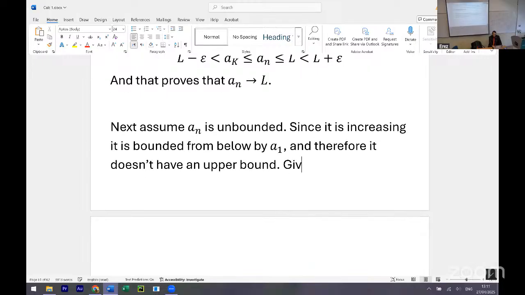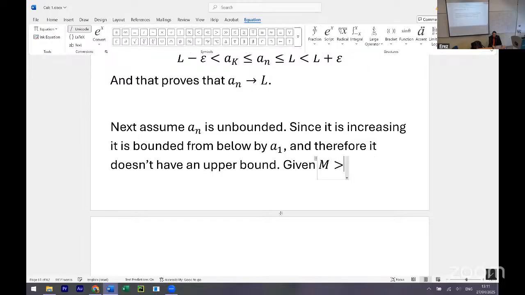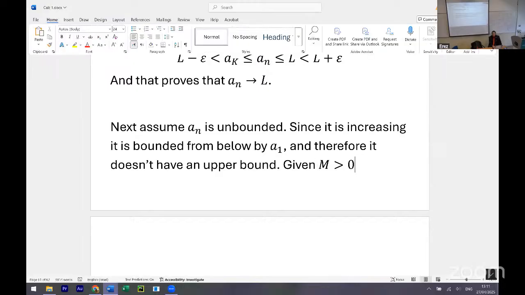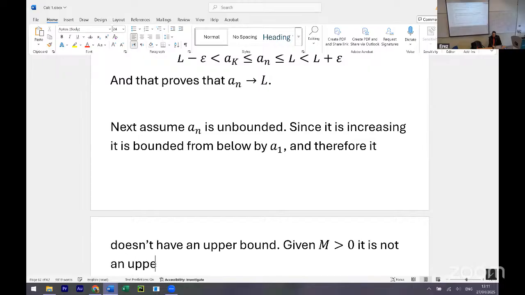Given M, a positive number, could it be an upper bound? If we said it's unbounded, no, it is not an upper bound. And what does it mean that M does not bound the sequence from above?